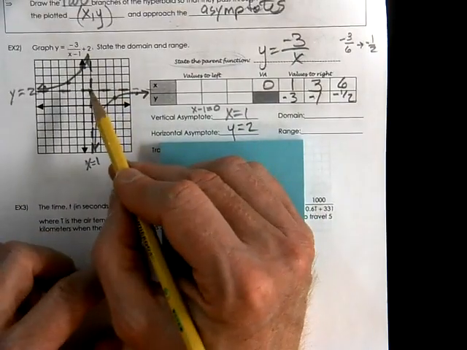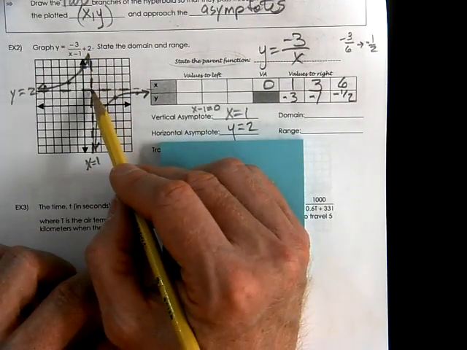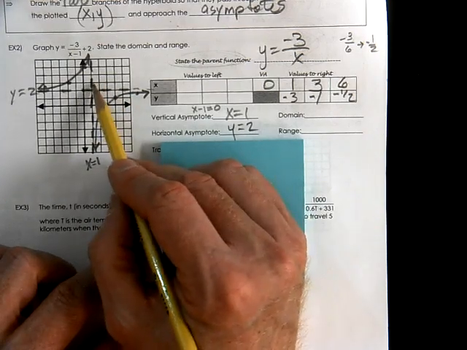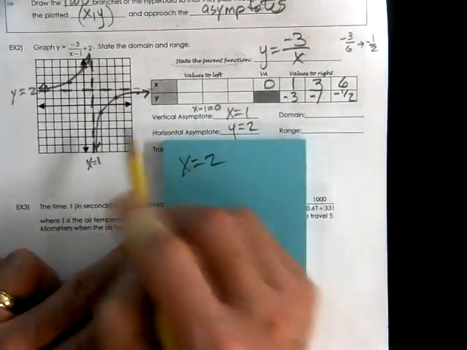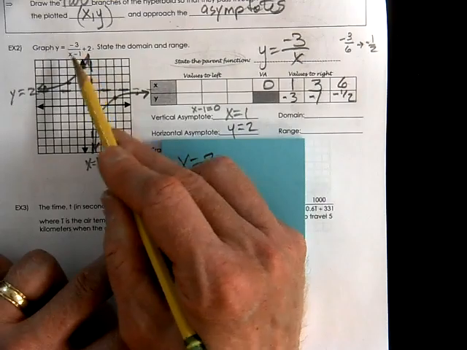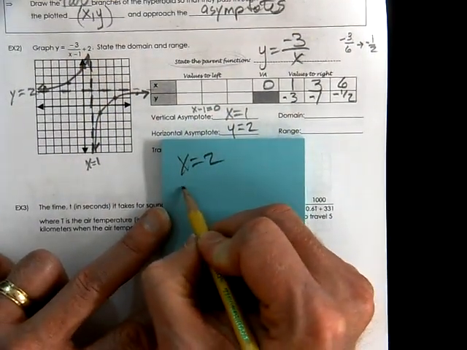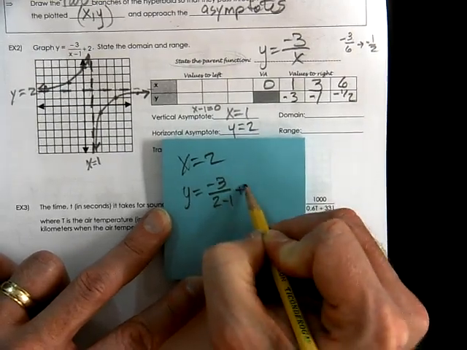If you want to think about this as your asymptote, and you need to pick a value greater than your 1 asymptote, you're going to pick a value of 2. So you're going to take this value of 2 and plug it into the equation. Negative 3 over 2 minus 1, plus 2.